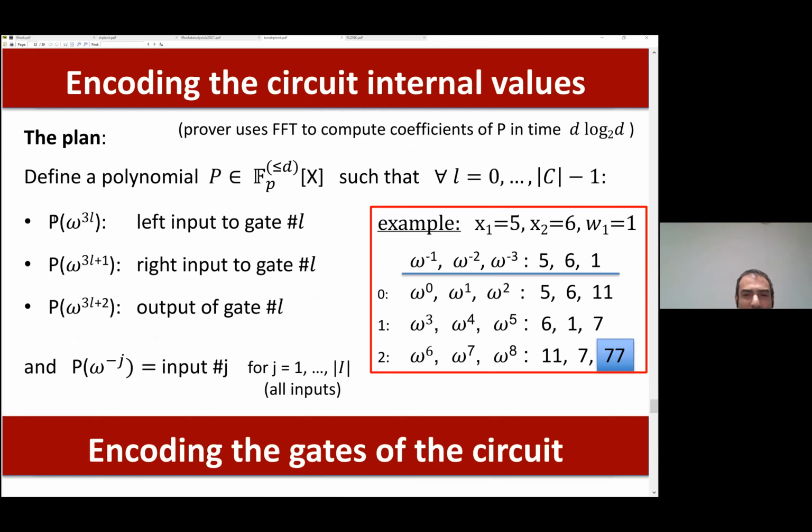So you could say, well, if you want fewer polynomials, why not just encode all these values in one polynomial of degree 3n instead of three polynomials of degree n? And really, these are very nice slides. He does something like this.